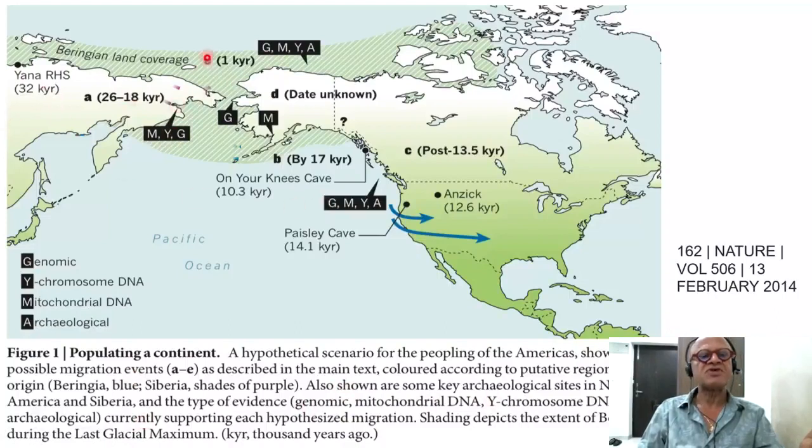So you have Siberia here, Beringia here. Also shown are some key archaeological sites in North America and Siberia, and the type of evidence: genomic, mitochondrial DNA, Y chromosome DNA, and archaeological.